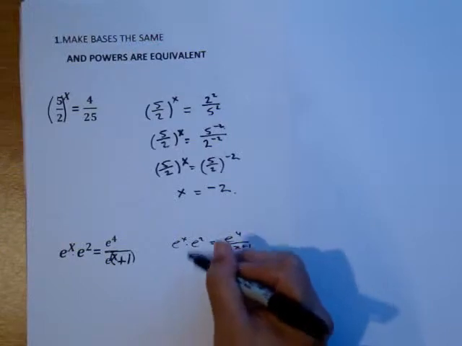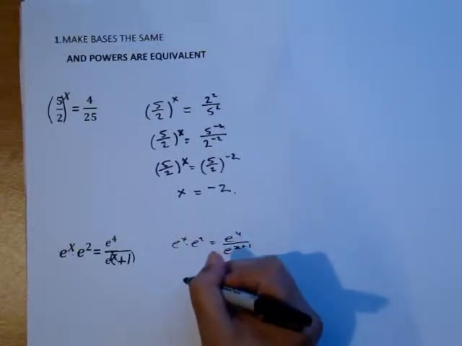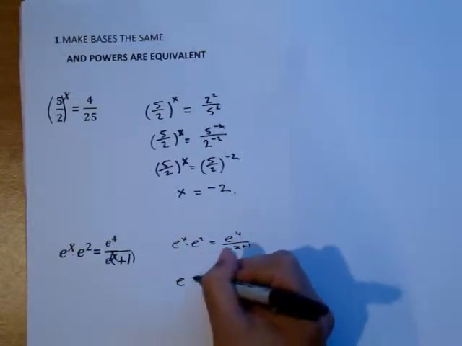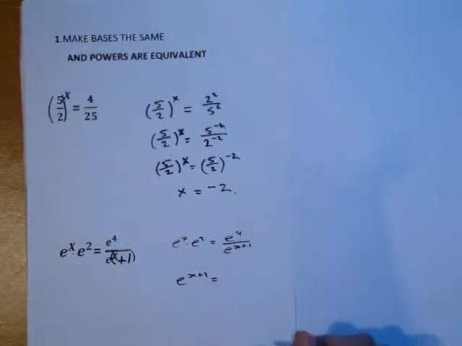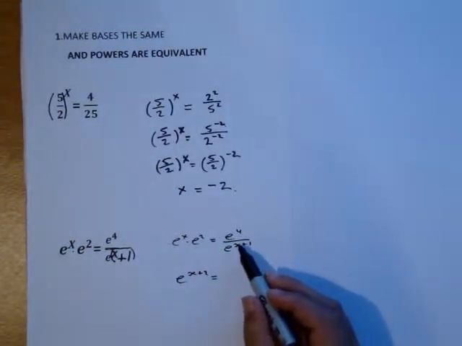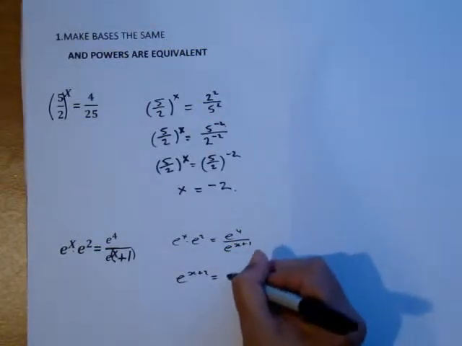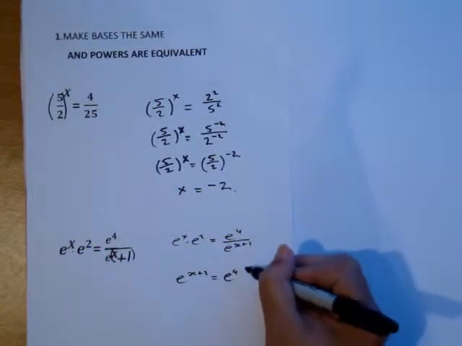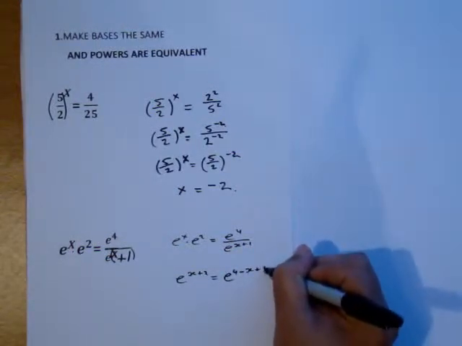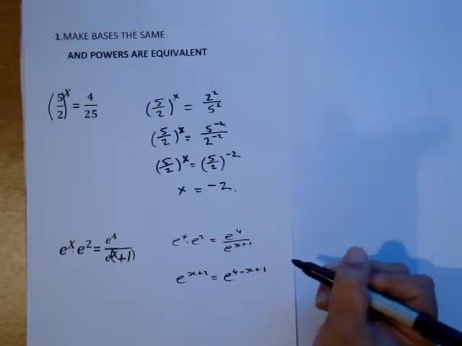Combine these two, so we add the powers, so that's e^(x+2) equals, now we're going to have e to the 4, and because we're dividing, we minus x plus 1.